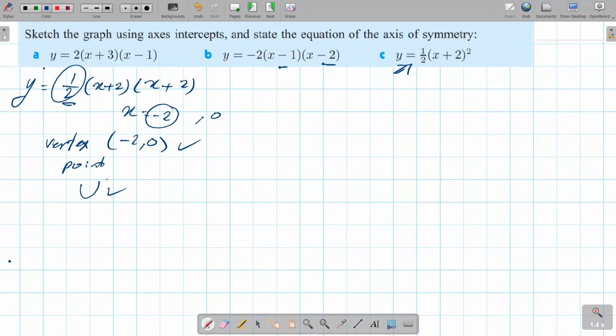We need to determine the y-intercept. We can find the y-intercept, right? I think it's 4, right? The y-intercept equals 4 while x equals 0. And could you please graph this quadratic equation? Could you please graph it?